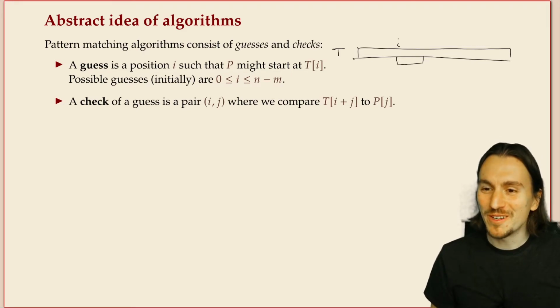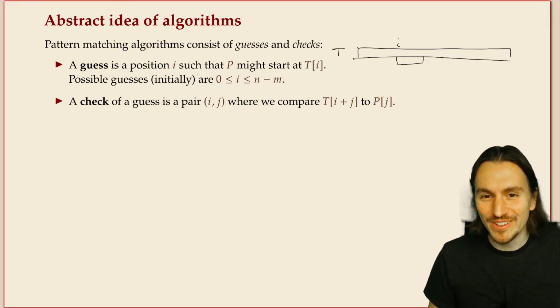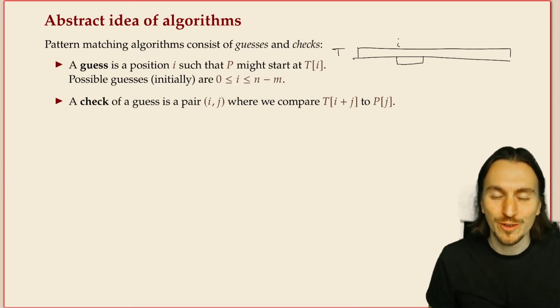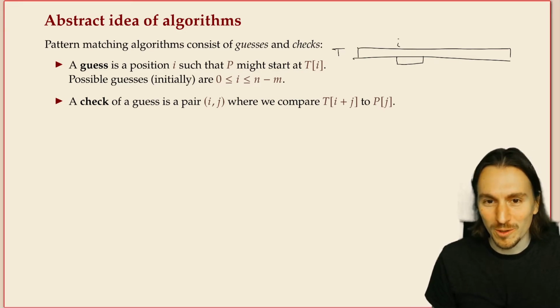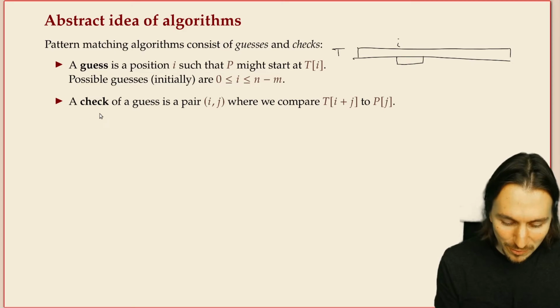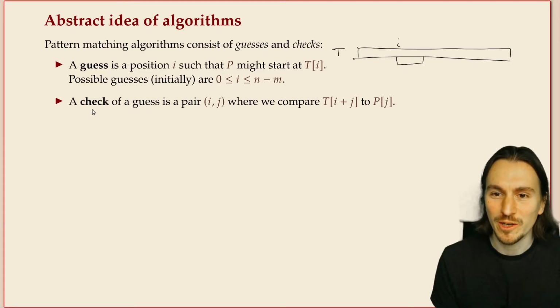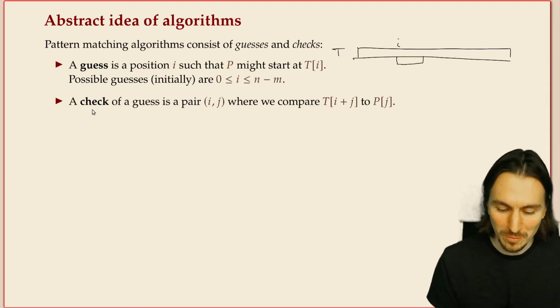That guess may or may not be justified, and initially, if you know nothing about the text, any guess might be justified. But as you learn more about the text through comparisons, some guesses become impossible. The way to find out is a check, and a single check is a single comparison of two characters.